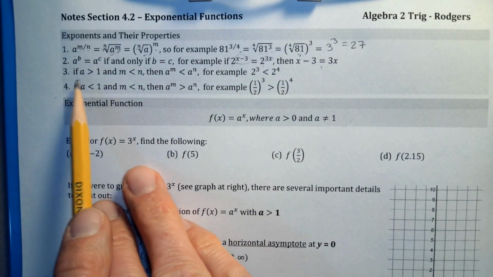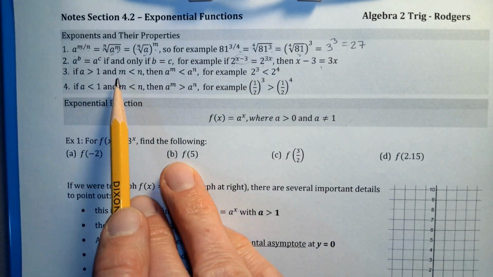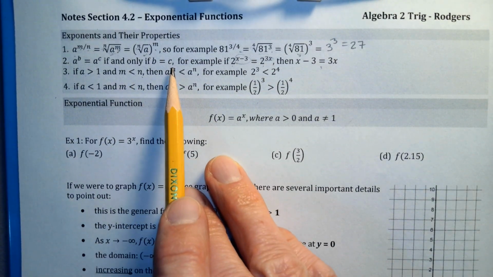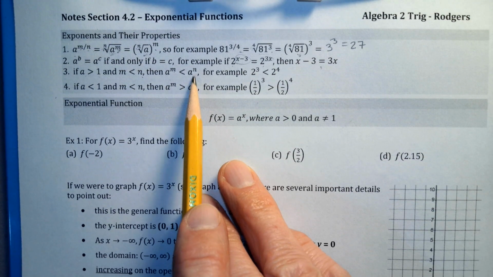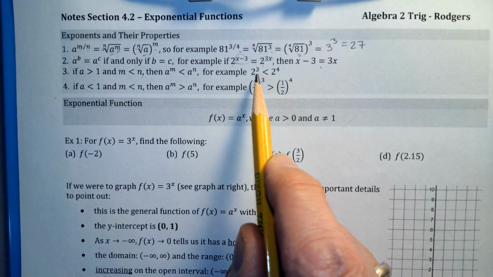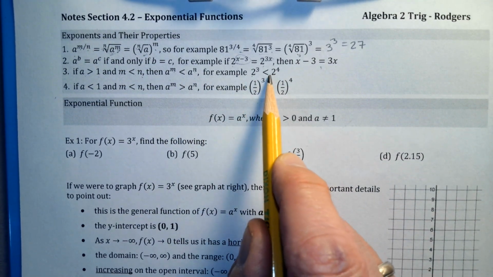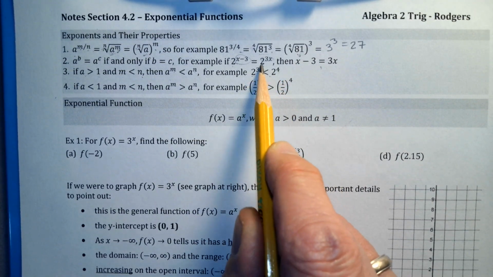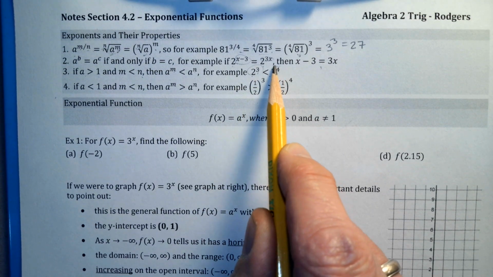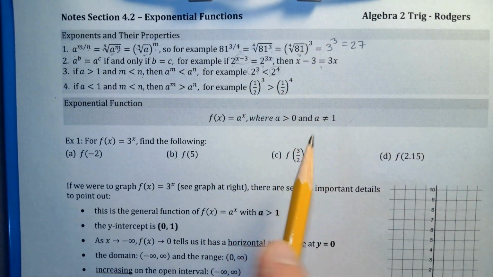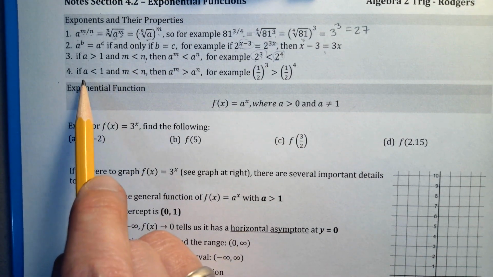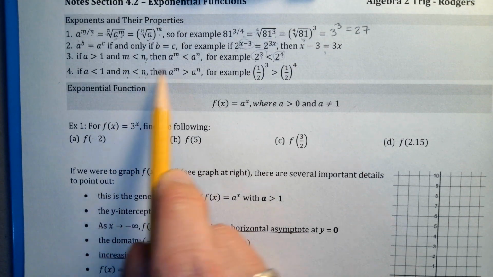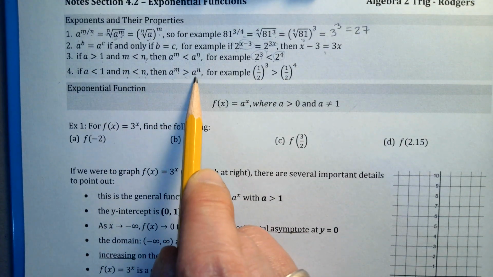All right, number 3, if a is greater than 1, and m is less than n, then a raised to the m will be less than a raised to the n. So for example, if a is 2, and we have 3, which is less than 4, that means 2 raised to the third power is less than 2 raised to the fourth power. And then if a is less than 1, and again m is less than n, then a to the m will be greater than a to the n.